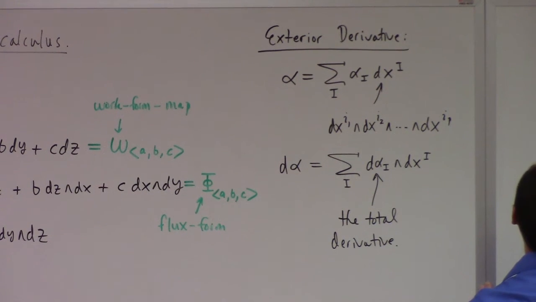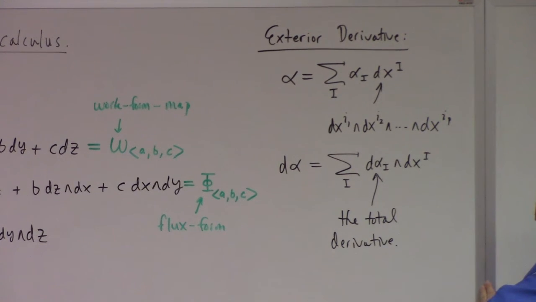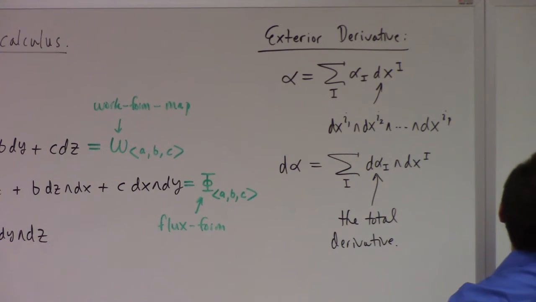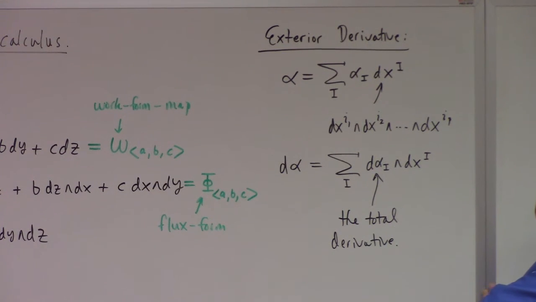If f is equal to x squared plus yz, df is equal to, well, you know the drill, 2x dx plus z dy plus y dz.